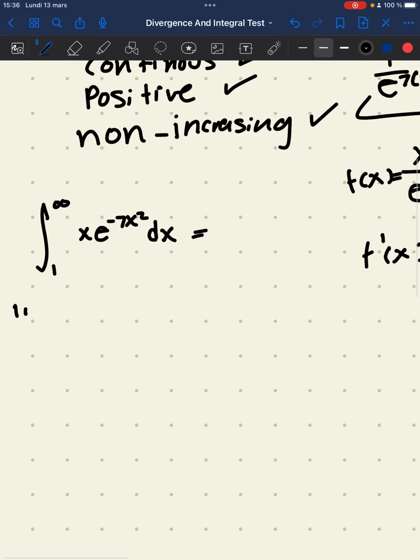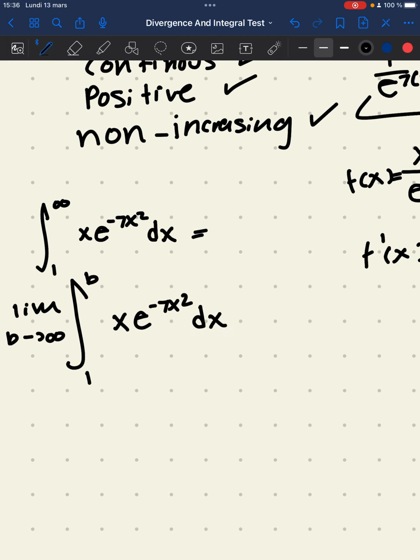So this is equal to the limit as b approaches infinity, because b approaches infinity, we can replace infinity with b, of the integral from 1 to b of x e to the negative 7x squared dx.